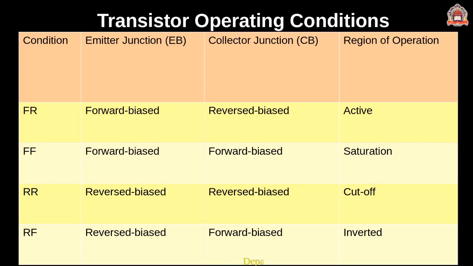In reverse forward, the emitter base junction is in reverse bias and the collector base junction is kept in forward bias. As the collector is lightly doped as compared to the emitter junction, it does not supply the majority charge carriers to the base. Hence, poor transistor action is achieved.